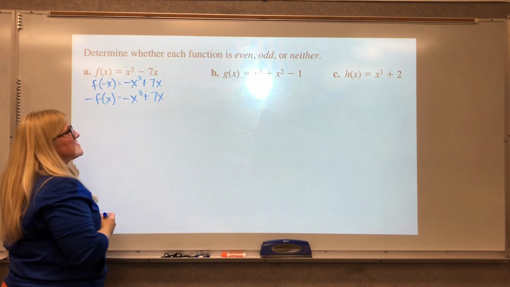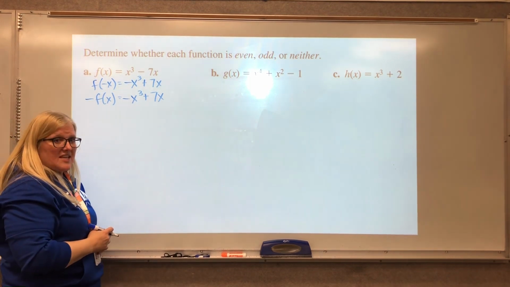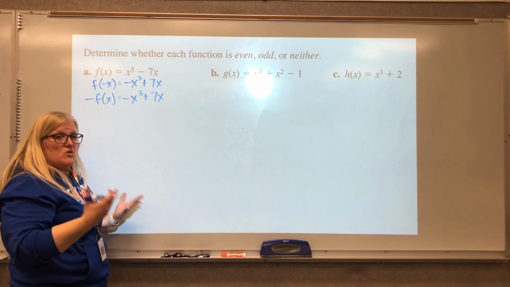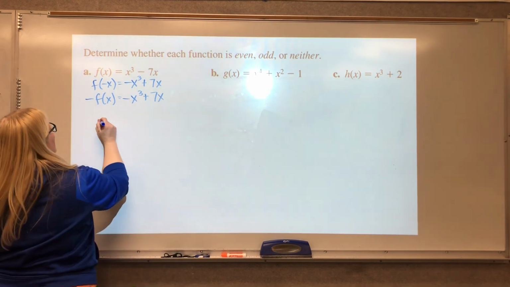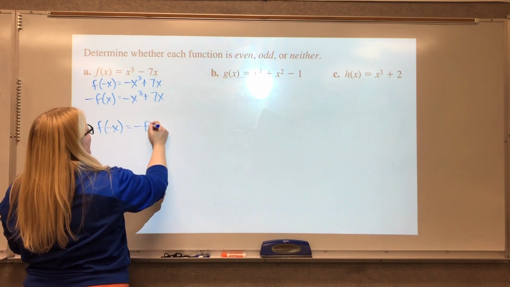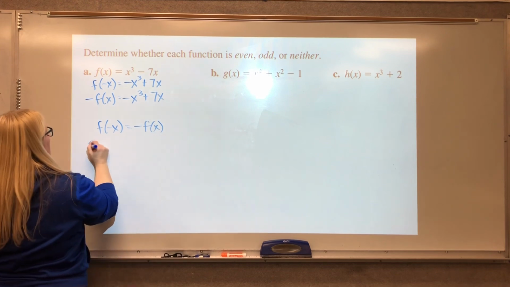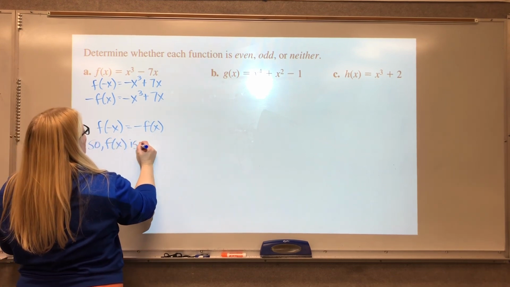Well, what do you notice? These two are identical. Isn't that what we just said? Shows that it's odd. So you would say f of negative x equals negative f of x. So f of x is odd.